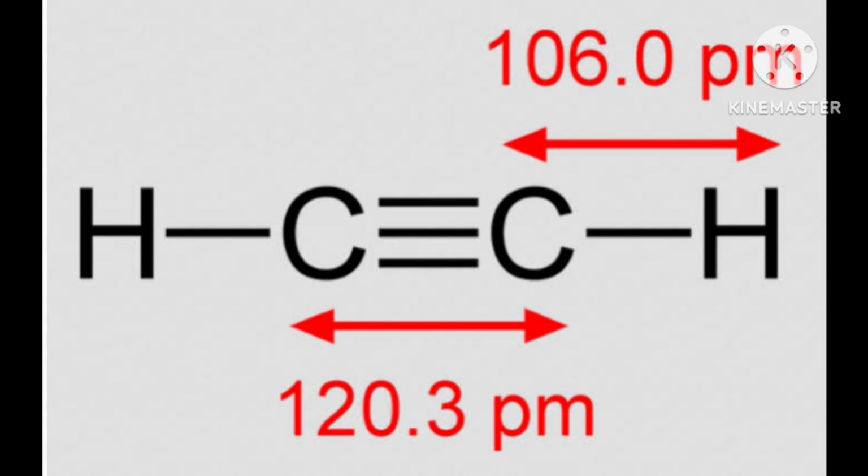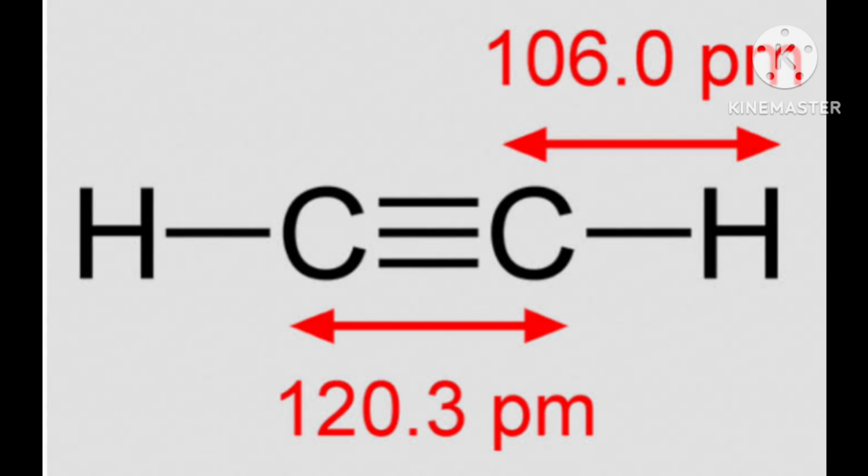In the case of alkane, sp3 hybridization was there. Each carbon had 4 sp3 hybridized orbitals. Then one sp3 of one carbon and one sp3 of the other carbon joined in the case of alkane and formed a single bond, a sigma bond.